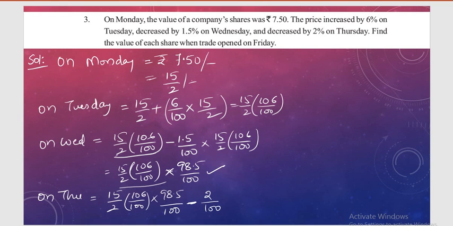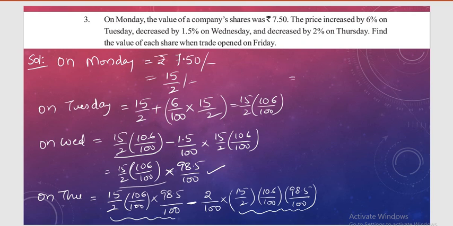So 2% means 2 by 100 into of whose value? Of the Wednesday's value. So Wednesday's value is nothing but 15 by 2 into 106 by 100 into 98.5 by 100. So from these terms, what can I take common?